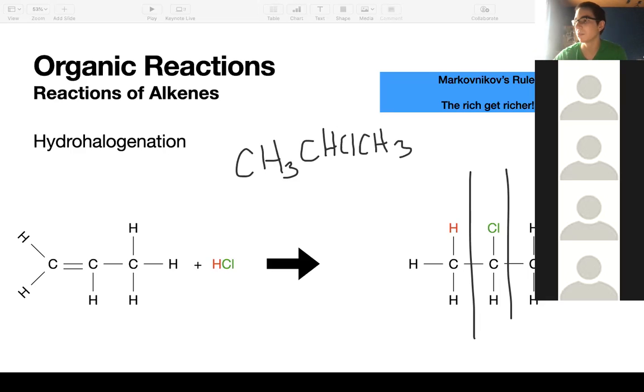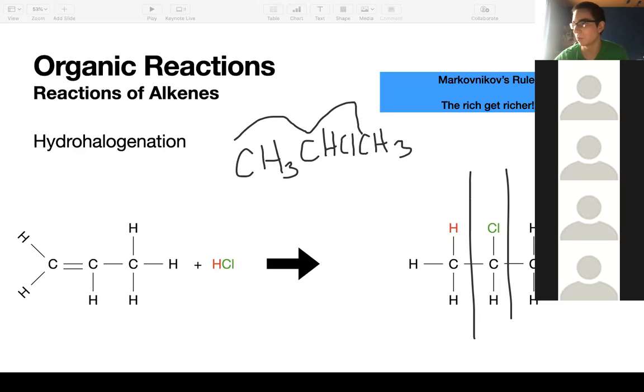So we have this methyl group, our CH3, followed by a carbon that's attached to a hydrogen, so we have CH, which is also attached to a chlorine. So we have that H and Cl right there. And we know all the carbons are connected to each other, so it'd be followed by another methyl structure.